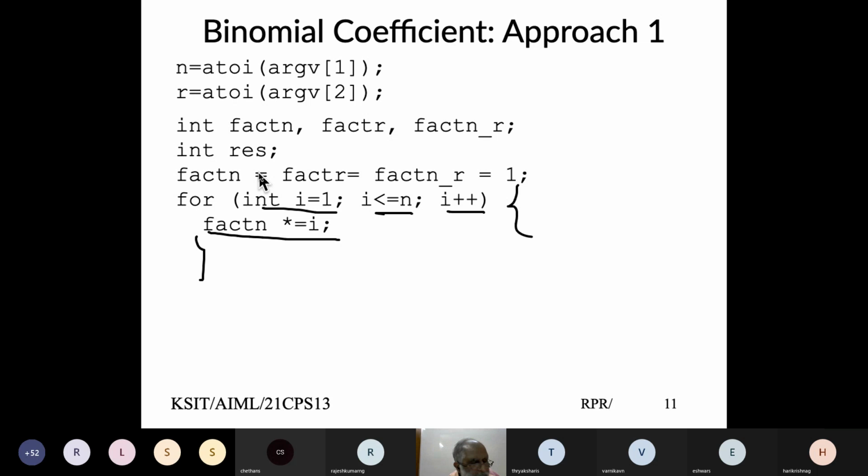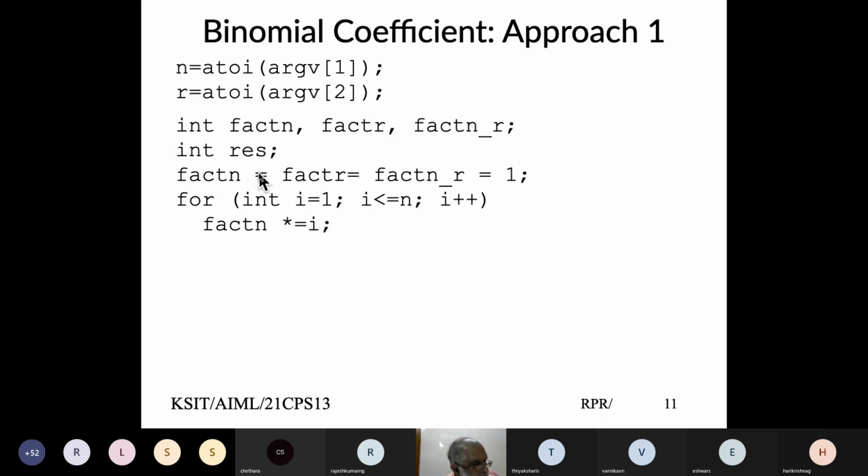It would take one extra line and space will not be available. So only for brevity, I haven't put the curly braces. And since it is a single computation, that will work fine. But when you write a real program, you should always put these things in a block. So this gives you factorial N.